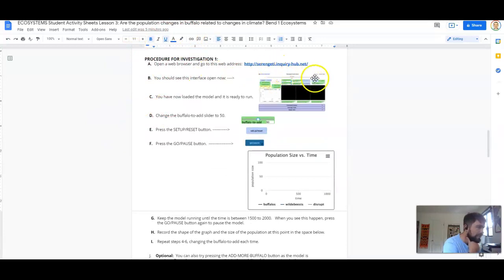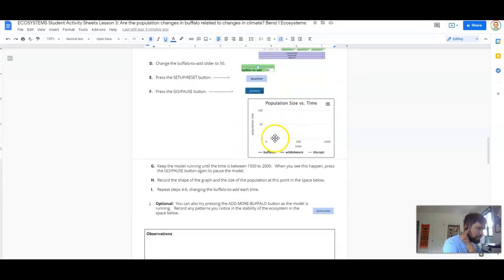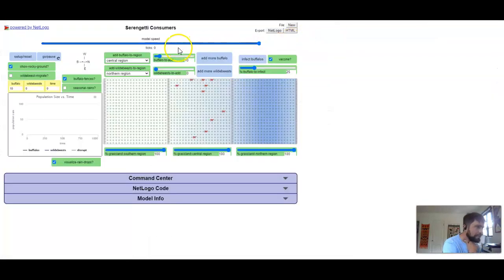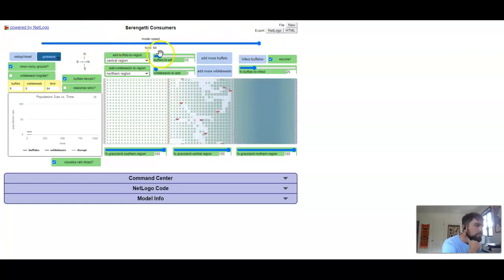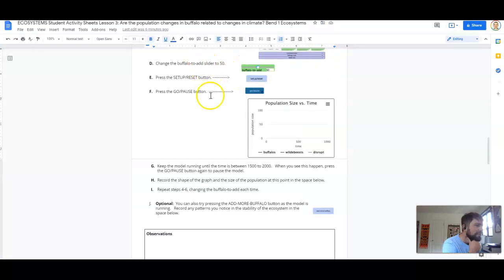So you'll click on this link. You're going to see the website we were just on. It's ready to go. You'll change the buffalo to 50, press setup, and then press go. Okay? And then you'll keep the model running until the ticks tells you that you are at least 2,000.